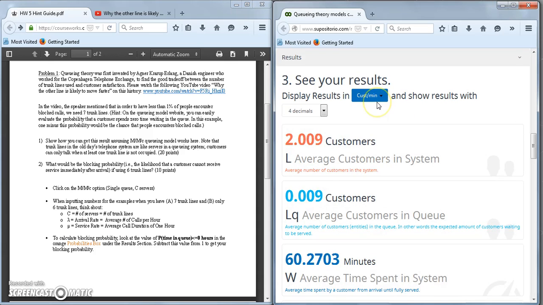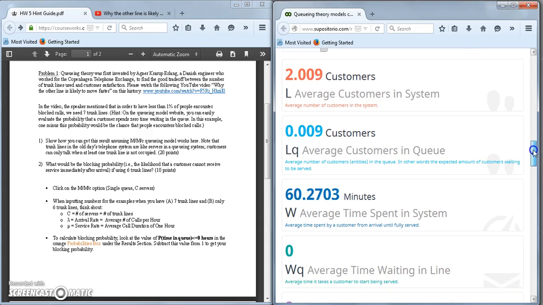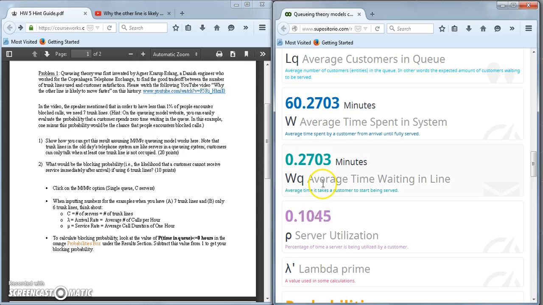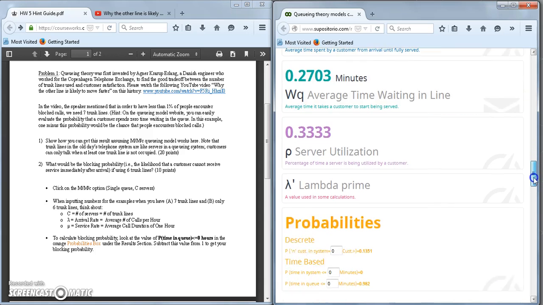Again, I set this to be in minutes, so it's telling us information. There's about 2 people trying to make phone calls. They spend about an hour on the phone. And here, if you notice, they spend about 27 minutes waiting in line to get access to a phone call.